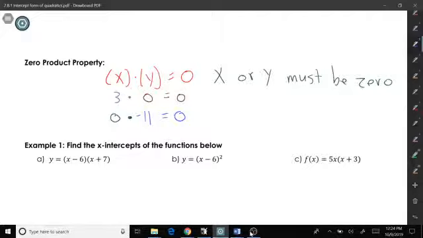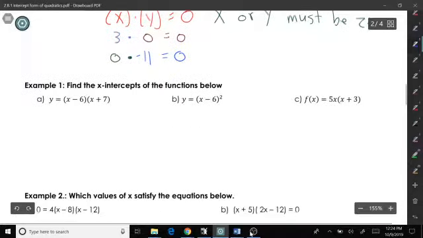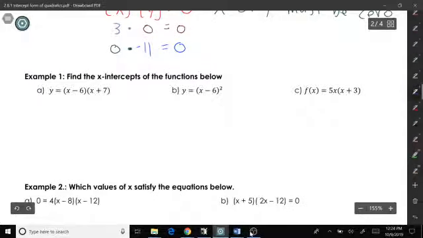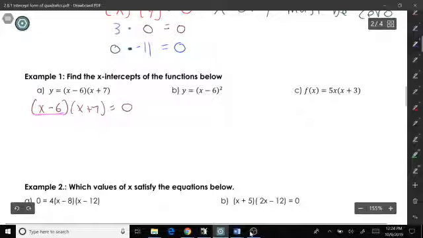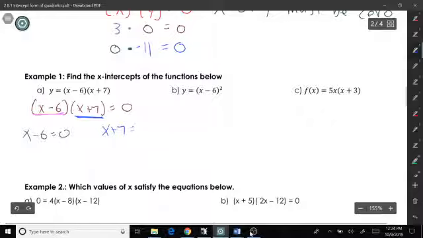So we can use that to find these x-intercepts. In order to find x-intercepts, we're going to set this thing equal to 0. So x minus 6 times x plus 7 equals 0. Alright, so we have two things being multiplied. We have x minus 6 and x plus 7. So one of those has to equal 0. So we're going to do it for both of them. So x minus 6 equals 0, and x plus 7 equals 0.